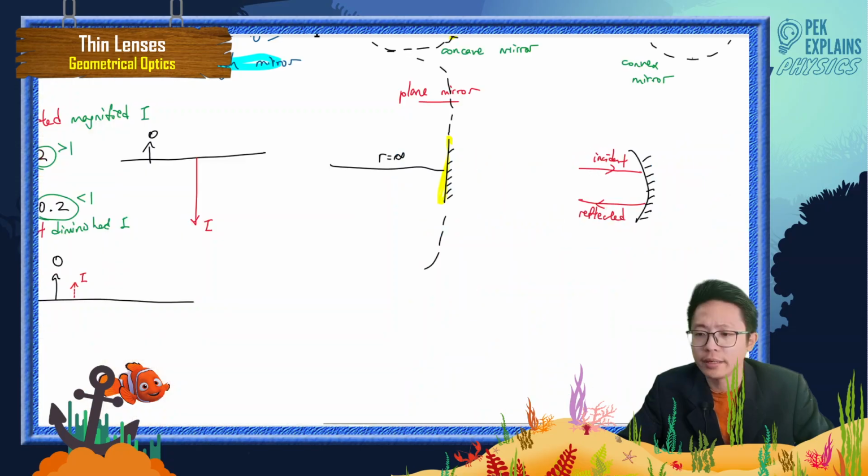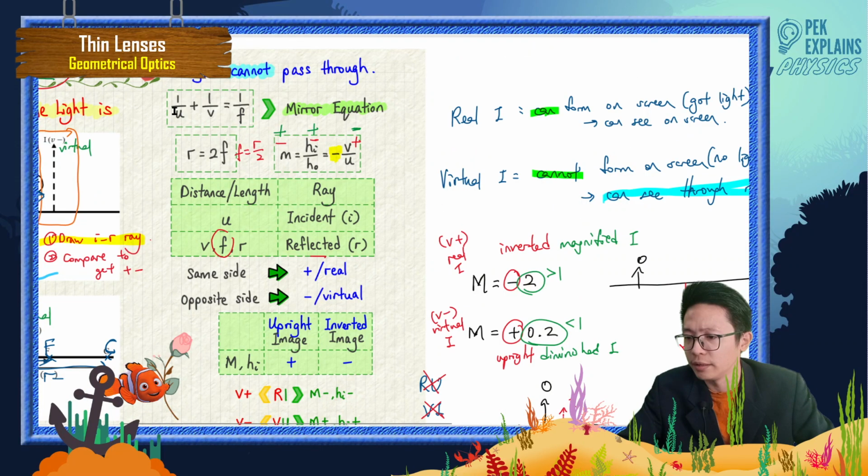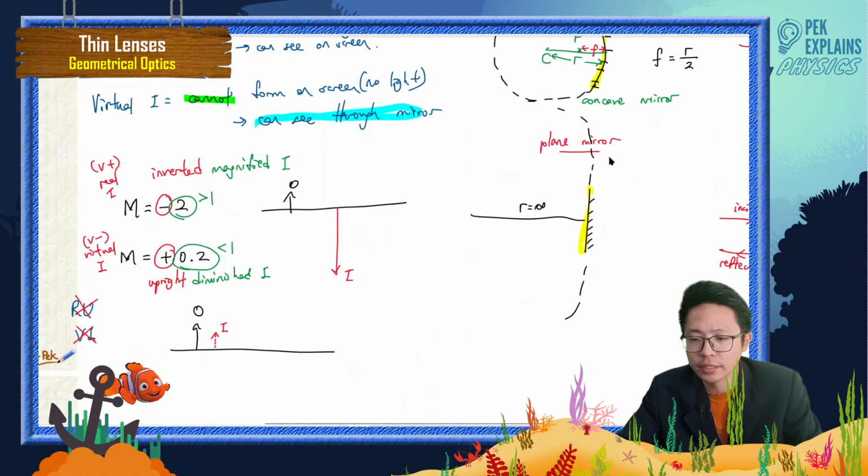That's why last time we talked about the mirror equation. When we talked about the mirror equation, we know that radius equals 2 times focal length. So when the radius is infinity, the focal length is also infinity.